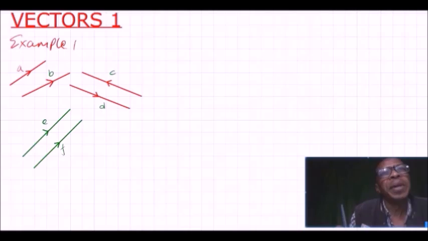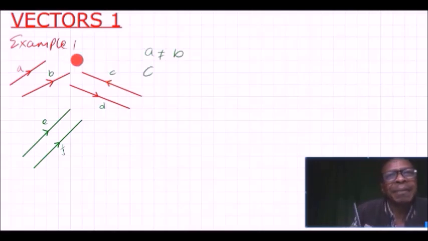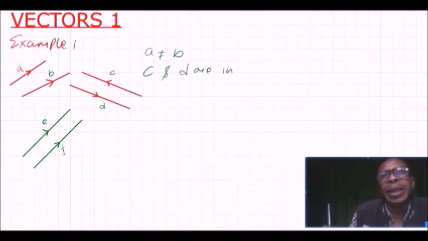Example 1, we have vectors here, A, B, C, and D. We have vector A in that direction. The directions of A and B are not the same, so A is not equal to B. What about vector C? A and D are equal in magnitude, but they are in opposite directions, so they are not equal.